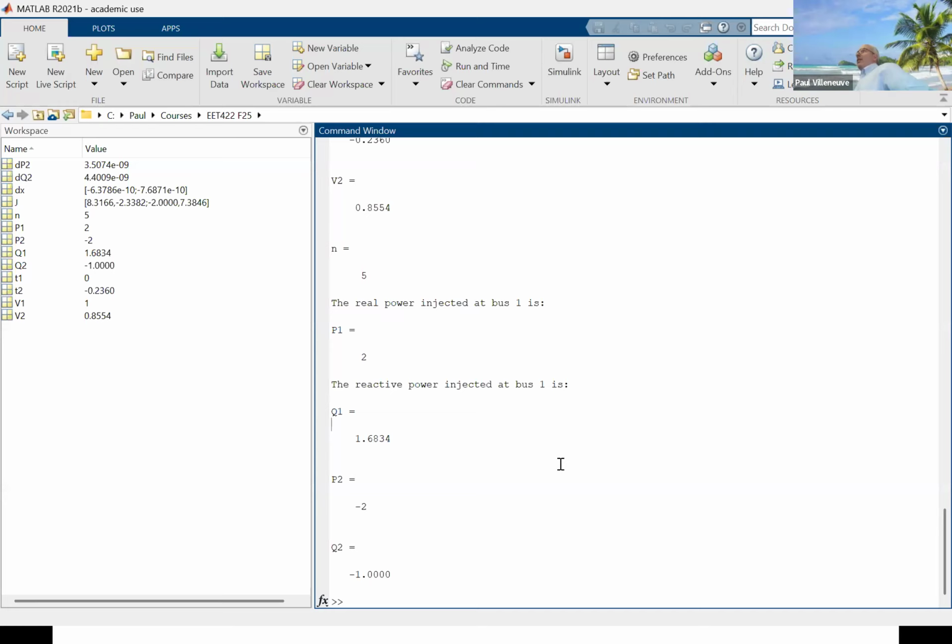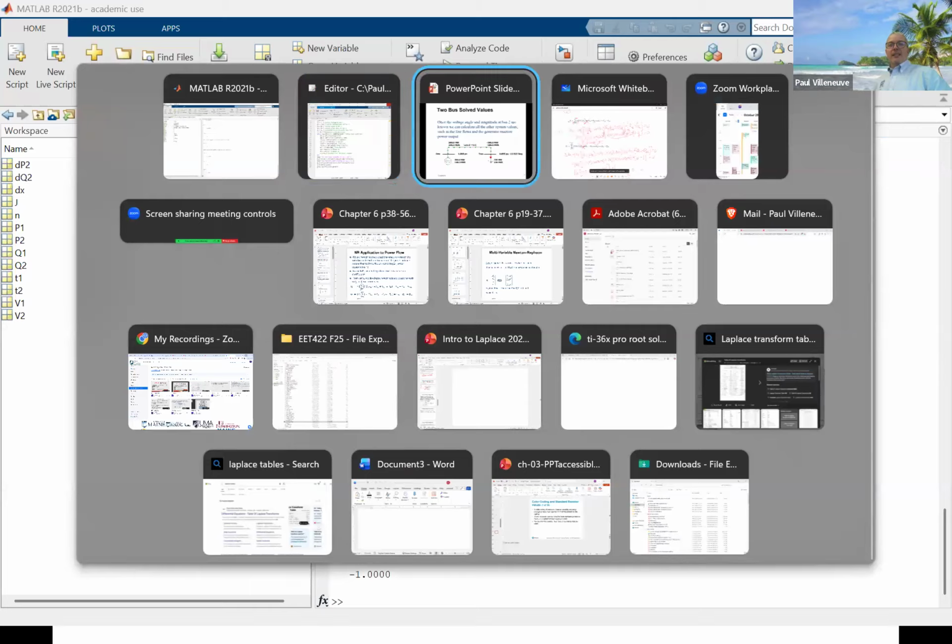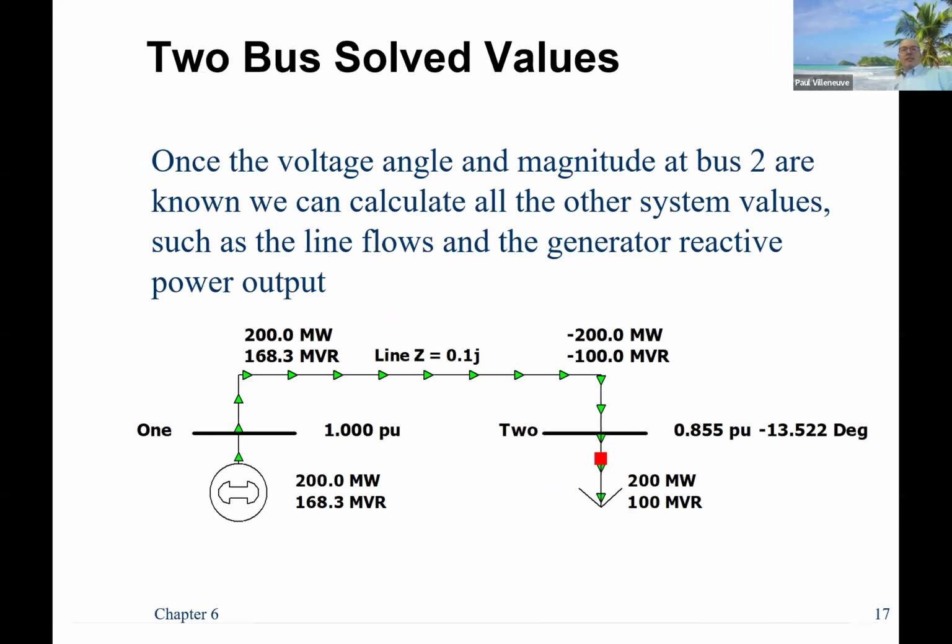Why isn't that 100 megavar or the equivalent of 100 megavar? Did I make a mistake? No, the line goes through. Yeah, the line eats VARs. It eats 68.3 megavars because it's a j0.2 ohm equivalent or j0.1 per unit equivalent inductor.